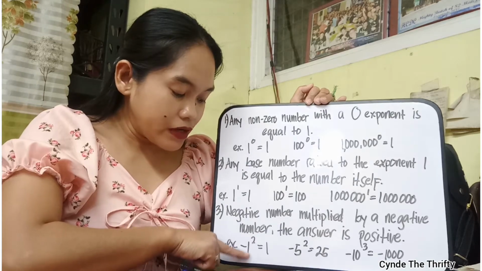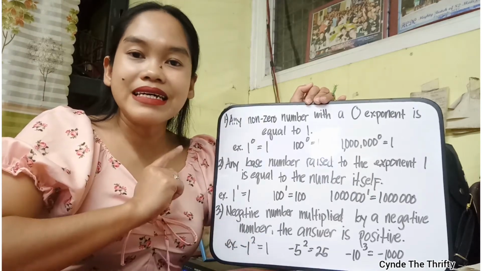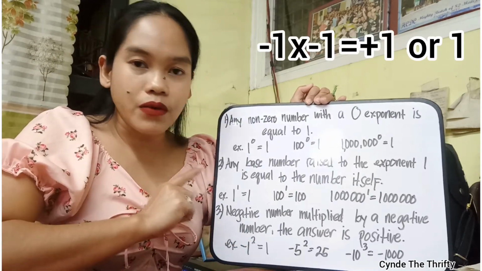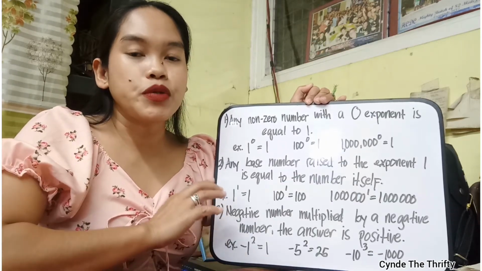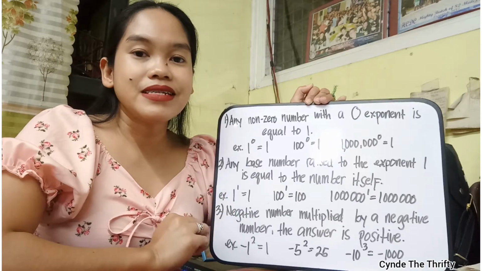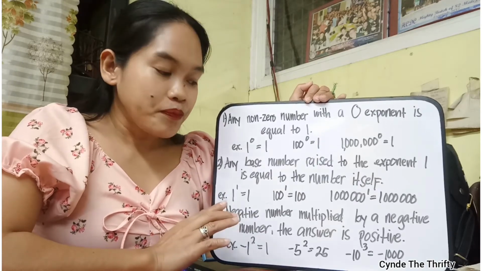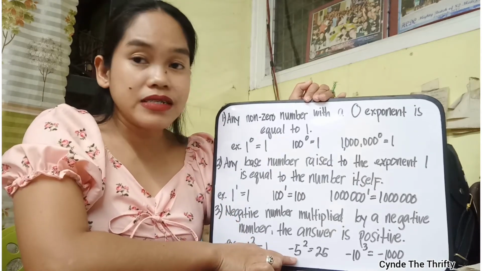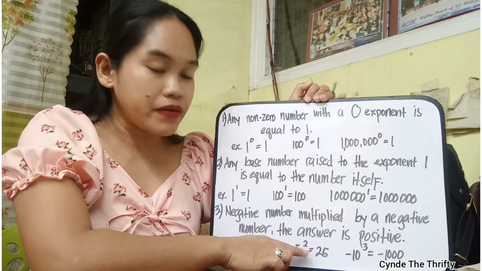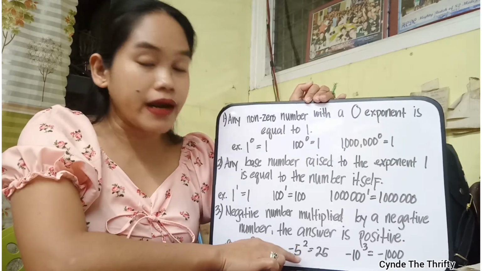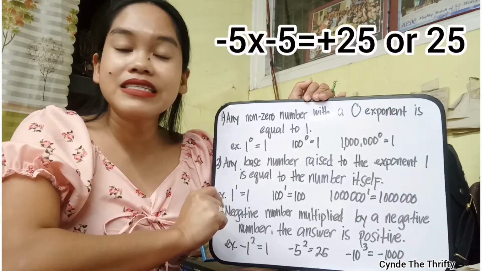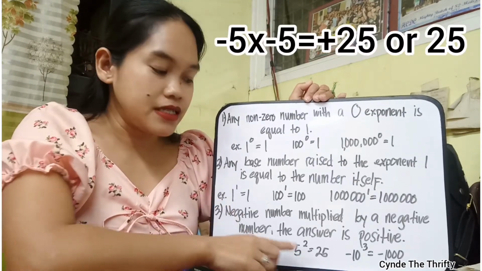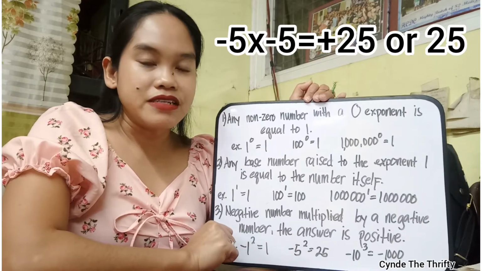Kasi negative 1 raised to the power of 2 or negative 1 times negative 1 is equal to positive 1. Or any negative number raised to the power of 2, ang kanyang sagot is magiging positive. Just like this one, negative 5 raised to the power of 2 or negative 5 squared, ang kanyang sagot is positive 25. Kasi negative 5 times negative 5 is equal to positive 25.